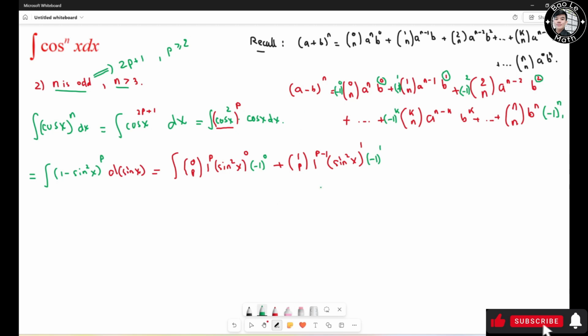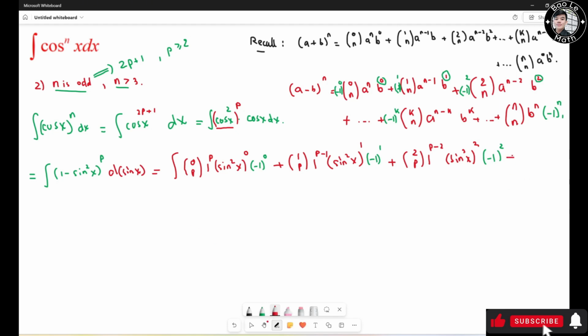Alright, plus the combination of 2p, 1 raised to the power of p minus 2, sine square of s raised to the power of 2, times negative 1 raised to the power of 2, right?